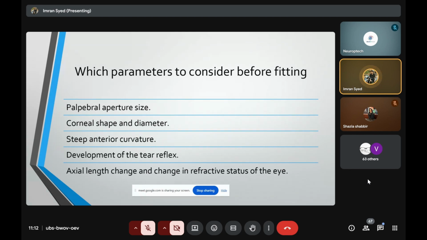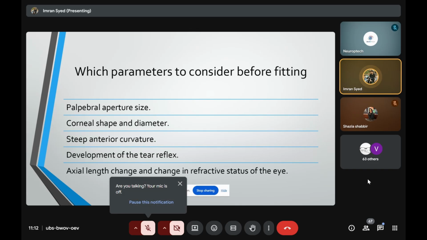So you need to make sure which type of contact lenses you are prescribing at which age. And there is an axial length change in the refractive status of the eye. You have to look for that also, because every 6 months or every 1 year, the axial length will change, and the refractive status of the eye will also change. So according to that, you have to reconsider the lens fit, the lens power and everything.